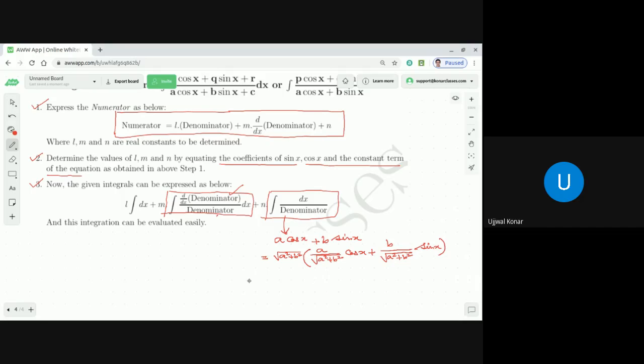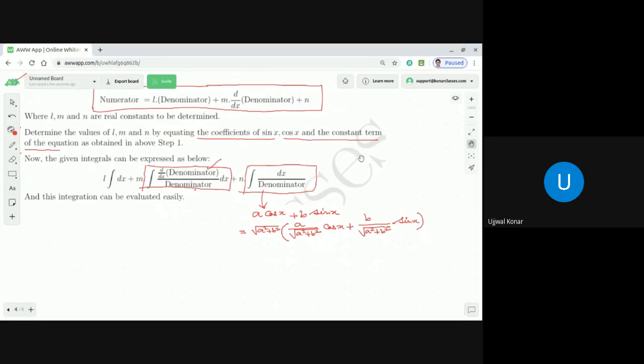So now we can assume that a by square root of a square plus b square is equal to sin theta. And b by square root of a square plus b square will eventually be cos theta. Correct or not?